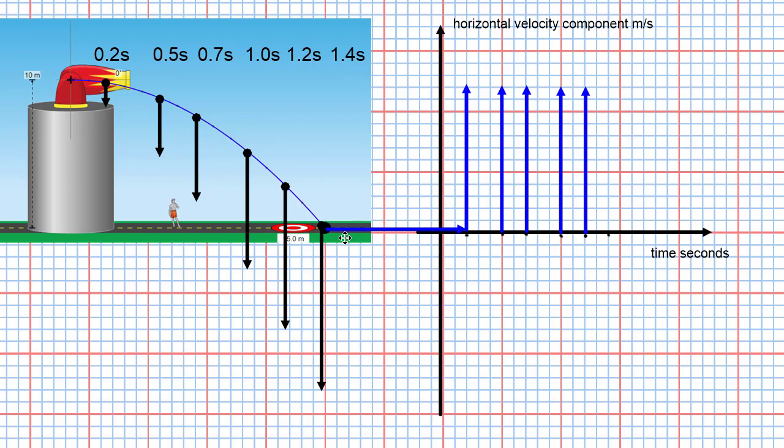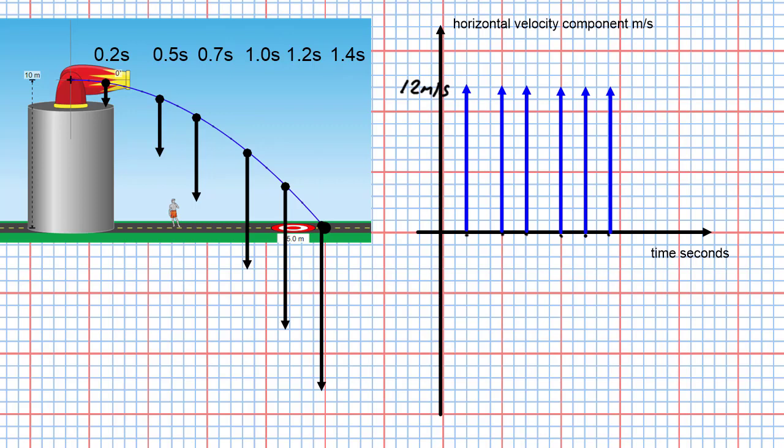And the final one, which just lies along here, is maybe hard to see, at the end, just before the end of the flight, we take that over at 1.4 seconds, turn it this way and place it at 1.4 seconds. Now you can see quite clearly from that stack that the horizontal velocity vectors are not changing. In fact, it comes out to be about 12 meters per second. And that was the launch velocity. Horizontal launch velocity was 12 meters per second on that scale.